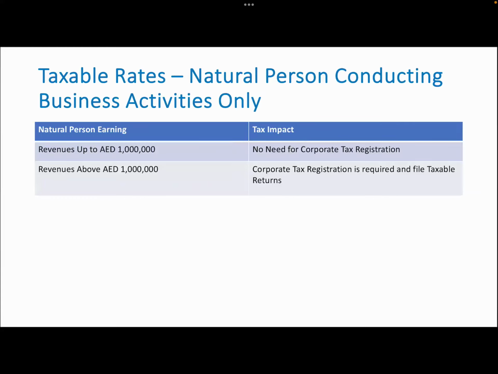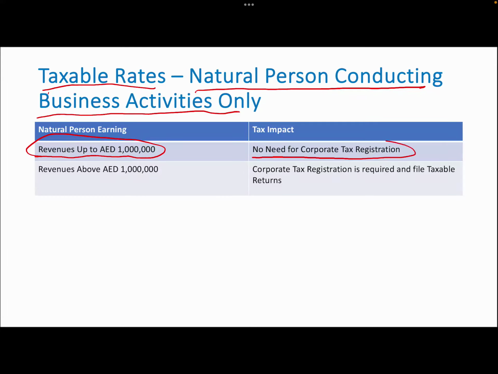Now let's see the taxable rates of a natural person conducting business activities in the UAE. A natural person who conducts a business activity in the UAE and whose revenue does not exceed 1 million does not need corporate tax registration. Only when does the natural person register for corporate tax?